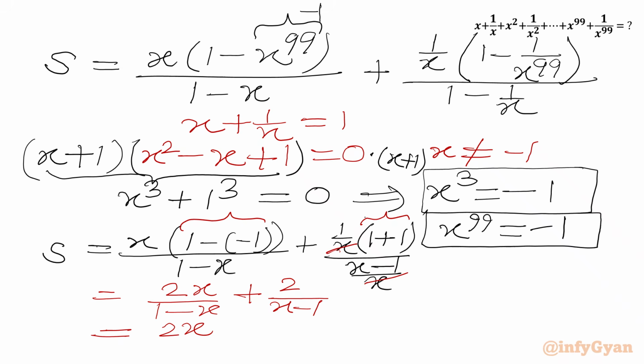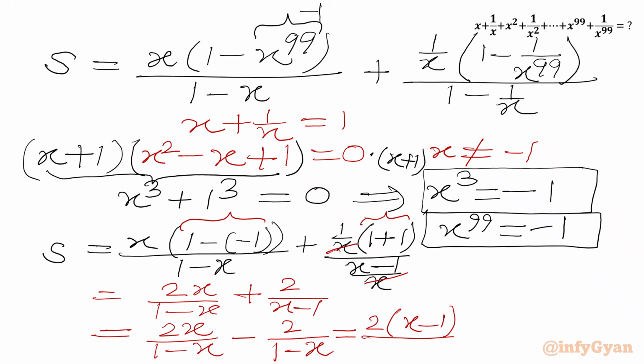So I will write 2x over 1 minus x. Then I will take minus common. Then I can write minus 2 over 1 minus x, which will be equal to 2 is common. In the bracket, we can write x minus 1 over 1 minus x, which we will cancel and write here minus 1. So 2 times minus 1 is minus 2.